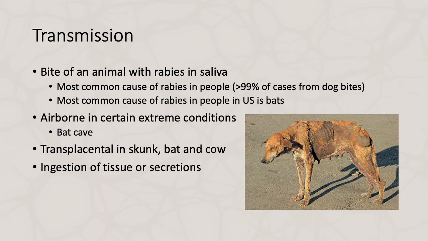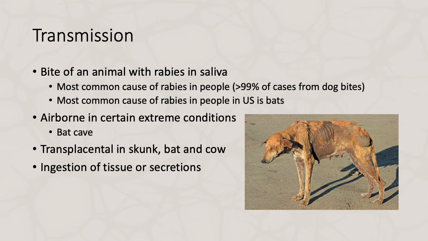Transmission is through the bite of an animal with the rabies virus within the saliva. The most common cause of rabies in people worldwide is dog bites, and the most common cause of rabies in people in the United States is bats. In extreme conditions, you can actually catch it from an aerosolized route, and this has really only been reported in bat caves.